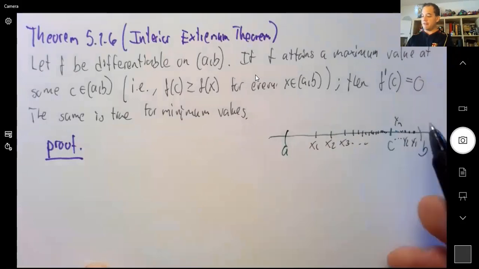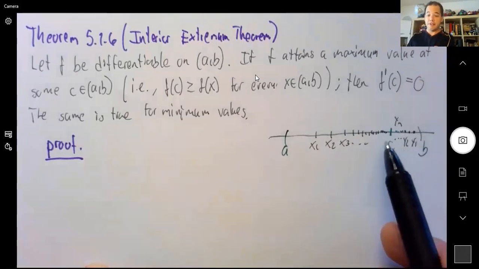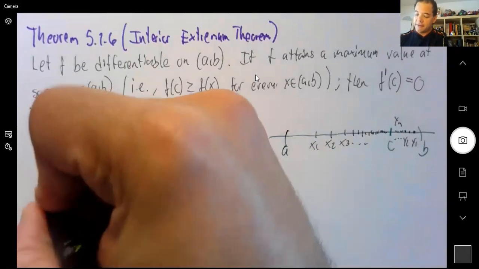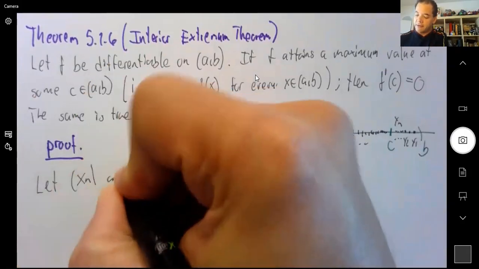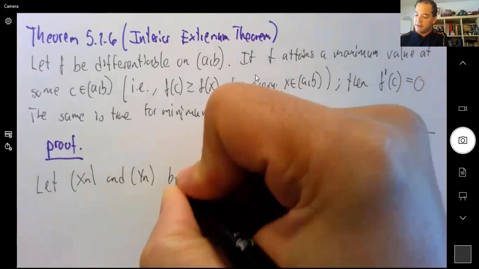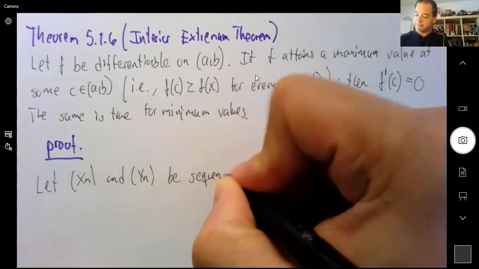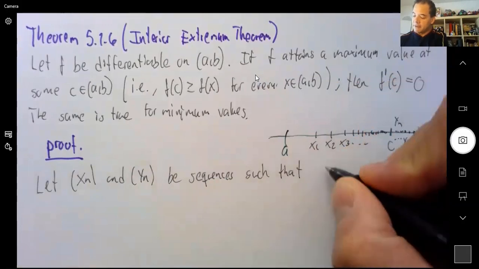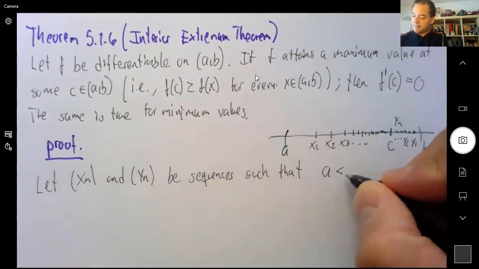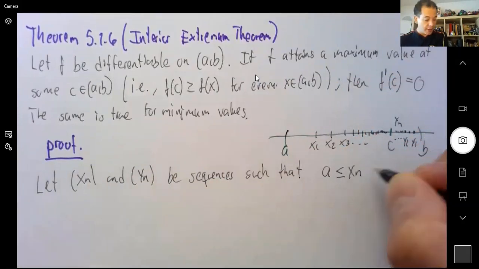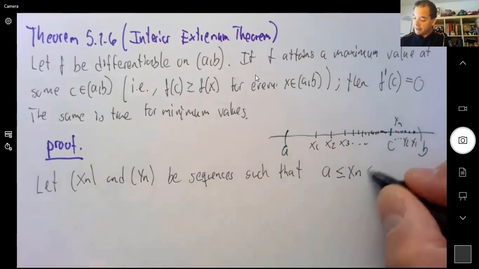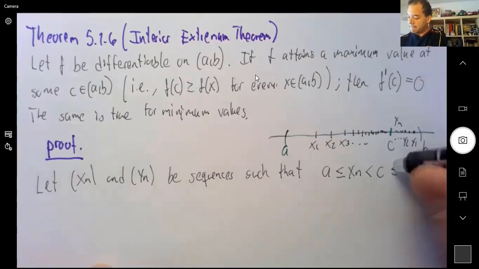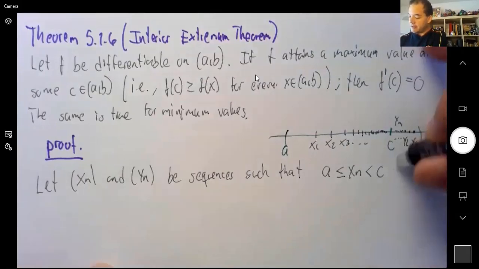So two sequences, one of values less than C and one of values greater than C. So let x_n and y_n be sequences such that x_n is always less than C, y_n is always bigger than C, and they live in this interval.